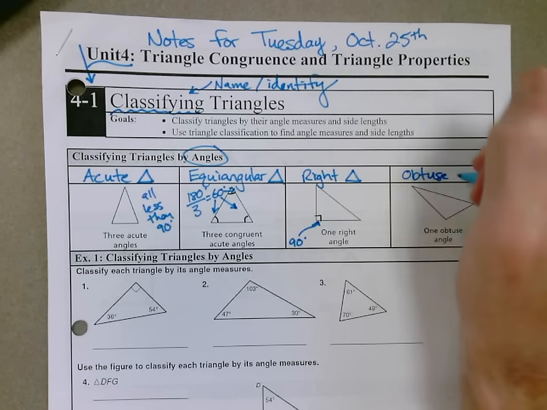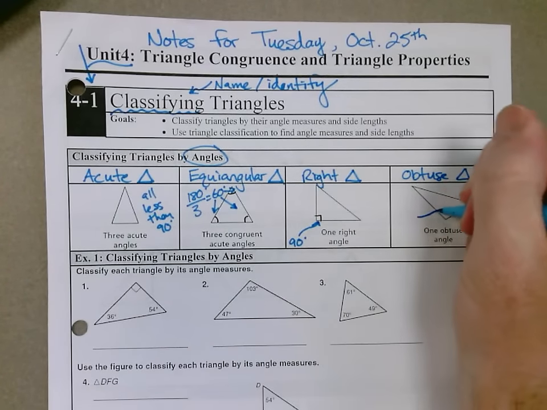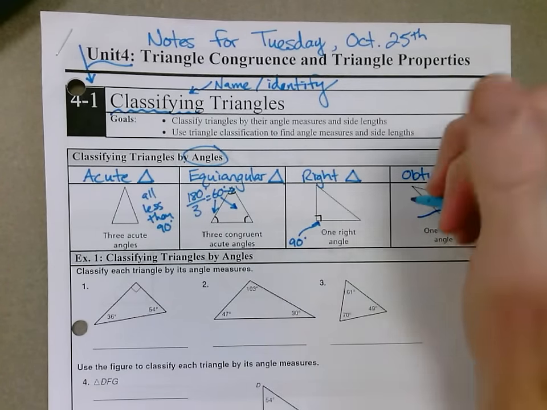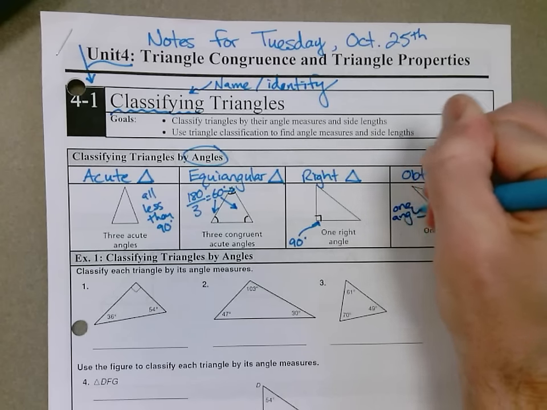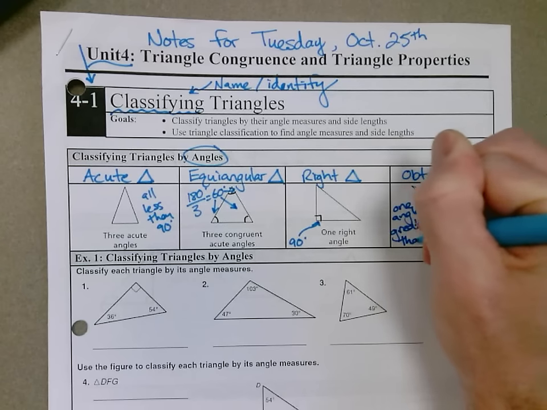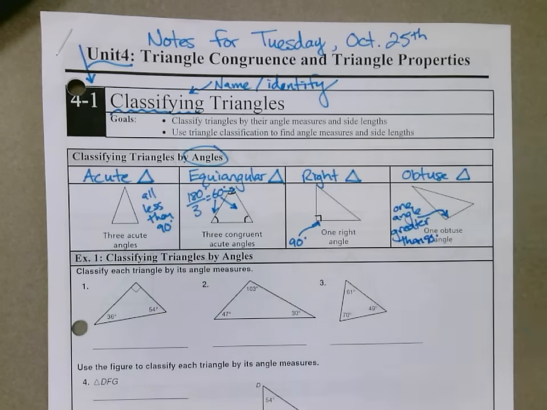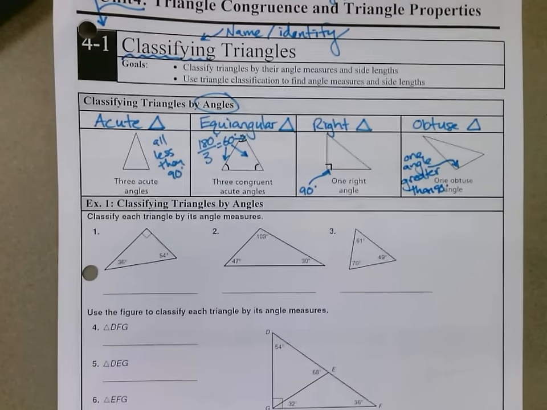Now, the way that we know that it's an obtuse triangle is that if there's one angle that is above or greater than 90 degrees, in this case, this angle is our clue. And once again, that's one angle greater than 90.